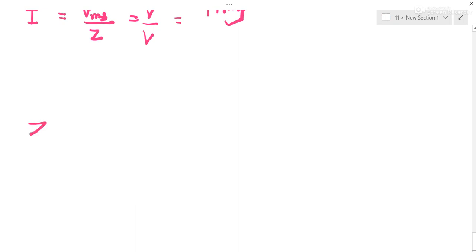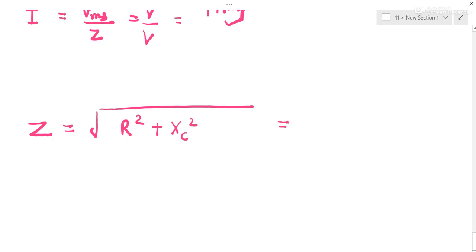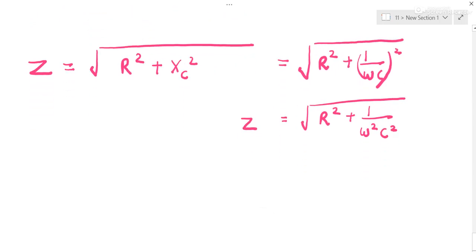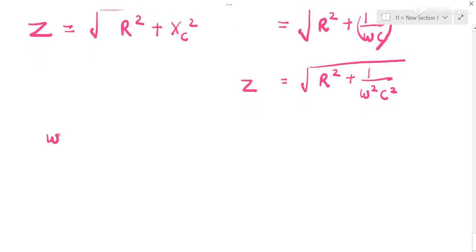Impedance of the resistor and capacitor is equal to root of R square plus XC square, which is root of R square plus 1 by omega C whole square. We have to plot the graph between Z and omega. Only two values are sufficient. We will not take resonance because resonance will not occur now.